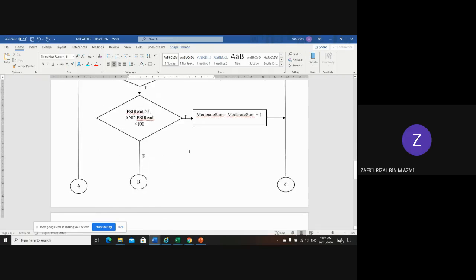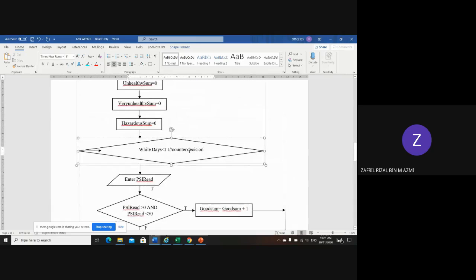And then the third one is located where? The third element for looping. Where is it, class?